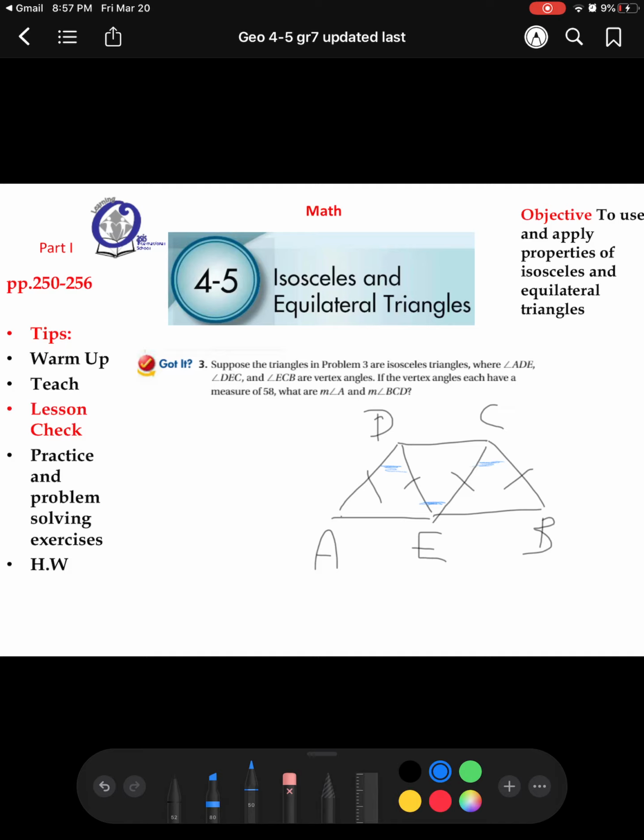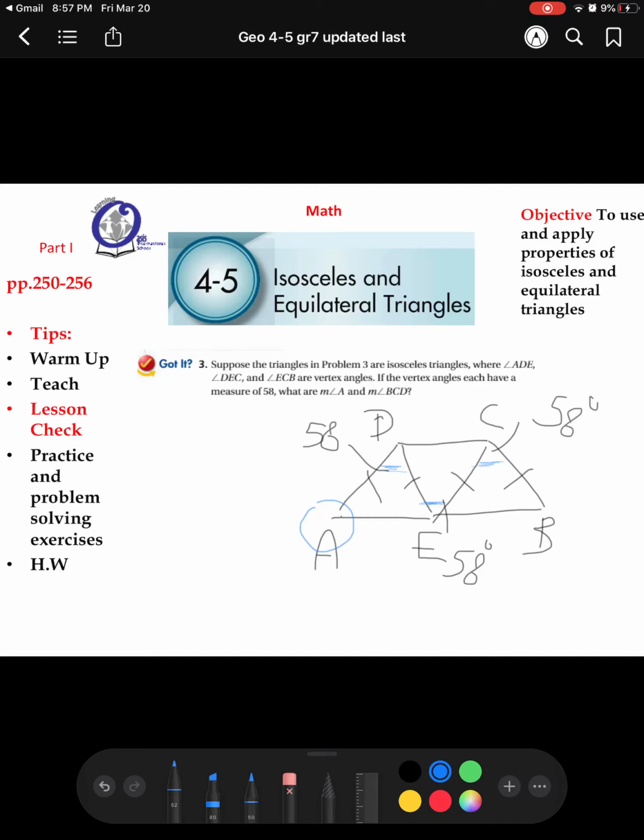Now, if the vertex angles each have a measure of 58, so this is 58, and this is 58, and this is as well 58. What is the measure of angle A? He wants angle A and angle BCD, which is here.